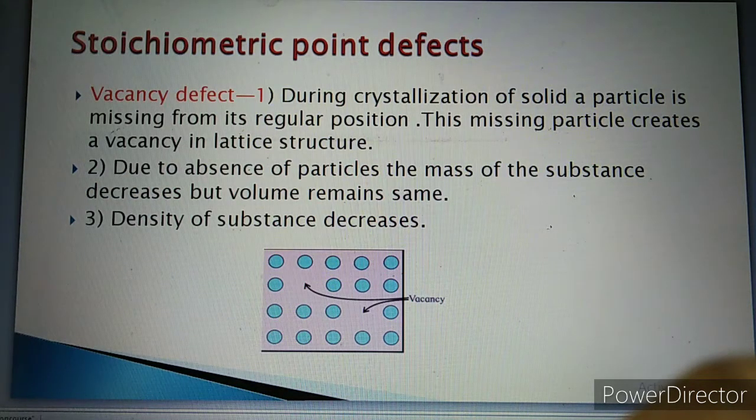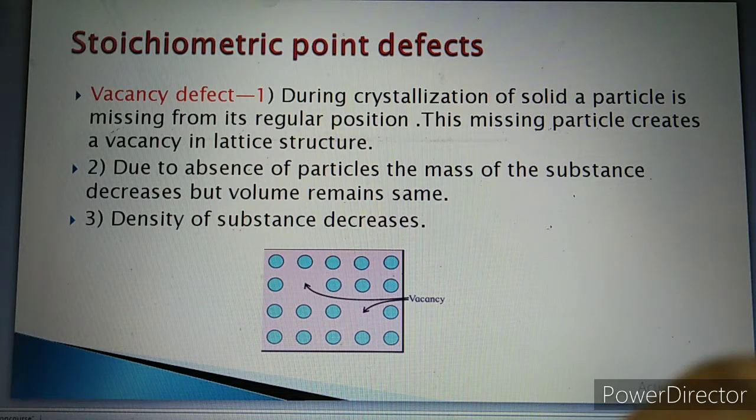So what is stoichiometric point defect? See on the screen. The first defect under stoichiometric point defect is vacancy defect. But what do we mean by stoichiometric point defect? The chemical formula of a compound shows a fixed ratio of the number of atoms, or of cations and anions. This fixed ratio is the stoichiometry of the compound.